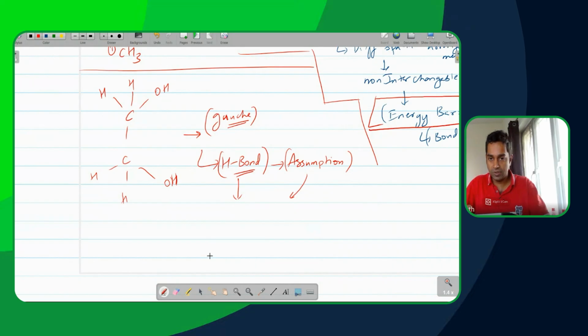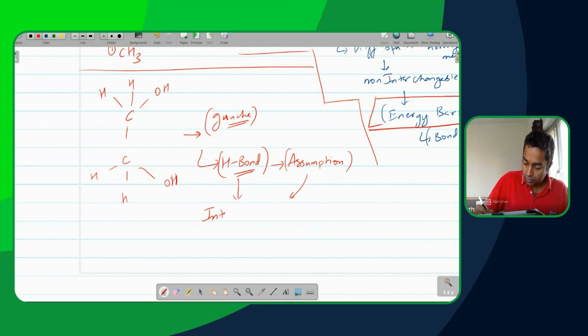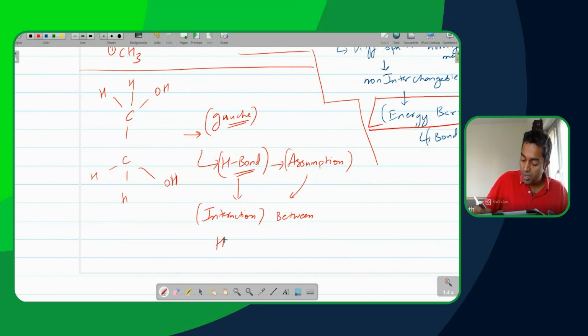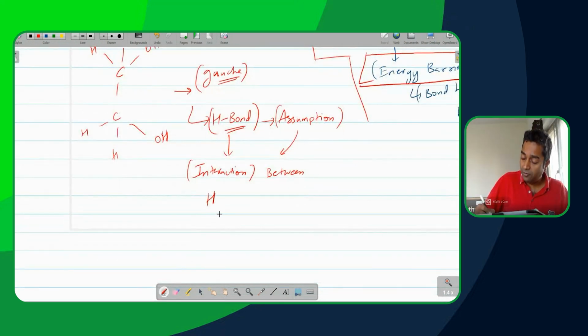What is a hydrogen bond? Be as specific as you can. The bond between a hydrogen and the lone pair of. Do not call it a hydrogen bond. Interaction between hydrogen and the lone pair of an electronegative atom. Be more specific. Bonded hydrogen. What type of hydrogen?